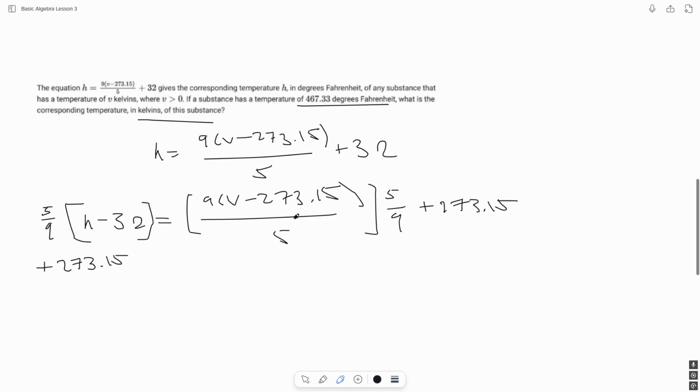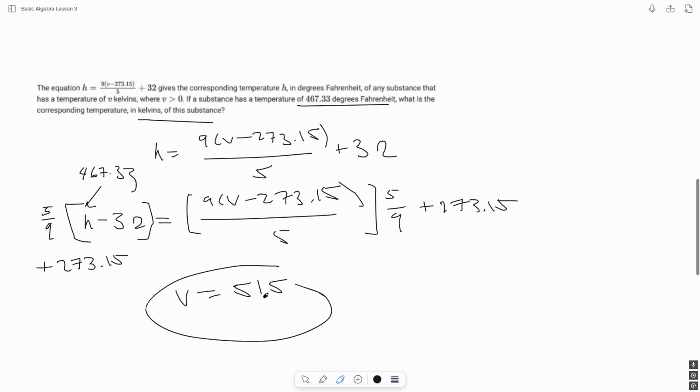And then you will get v by itself. And then you just plug in your h, 467.33, right? So once you have 5/9 times 467.33 minus 32 plus this, you should be left with v equals 515. So this is just a matter of getting v by itself.